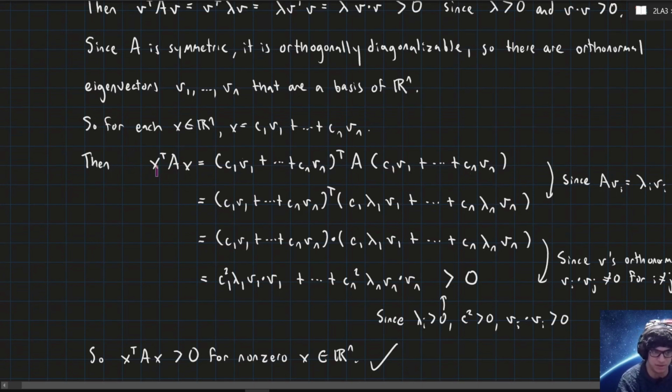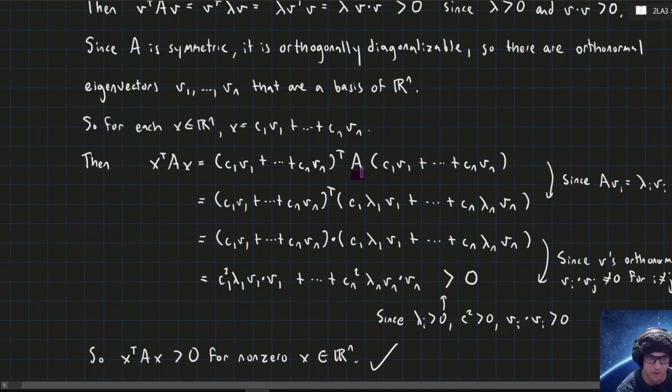Now, let's consider x transpose AX. This is what we're trying to prove is positive. If I plug in this expression for x into the x's that appear here, I get this, and now I'm going to multiply A through this.